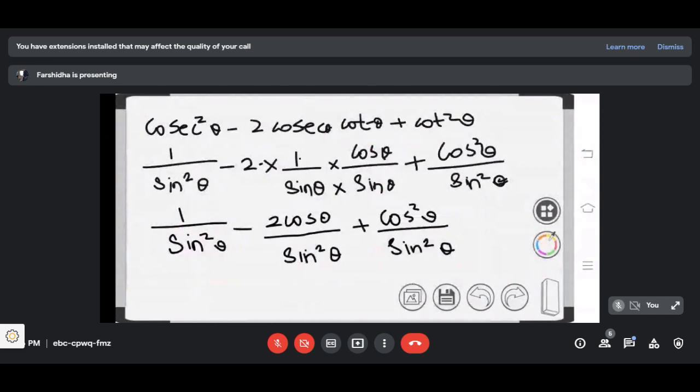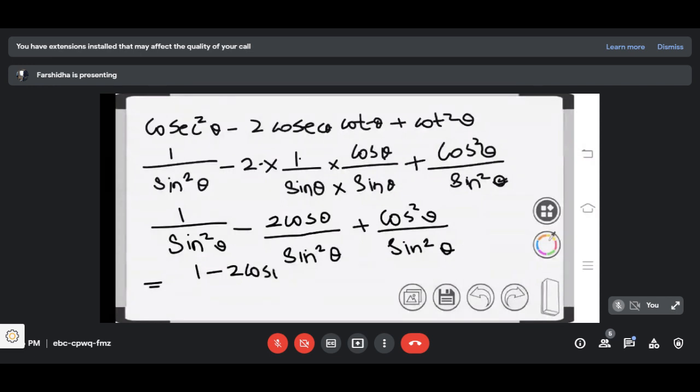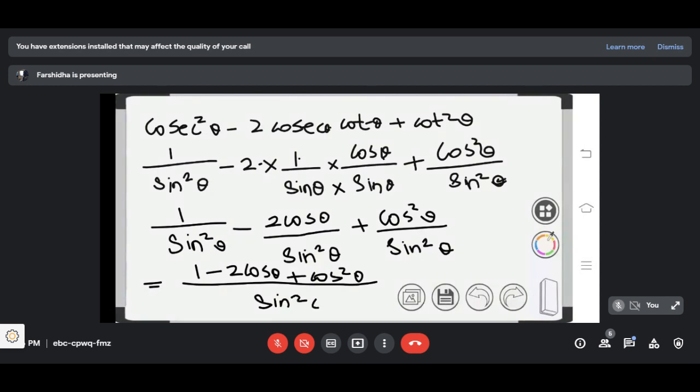All the denominators are same, so I can write like this: 1 minus 2 cos theta plus cos square theta divided by sine square theta.